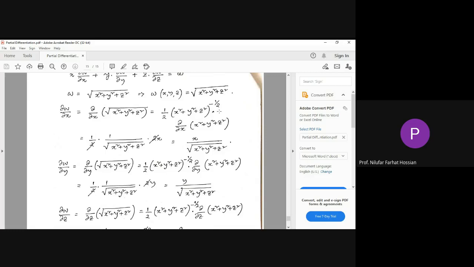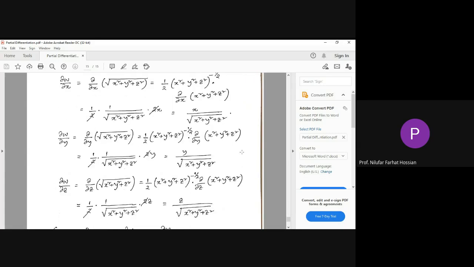So this should be multiplied by del x of this whole thing. There are three terms. Y square is a constant, z square is a constant. When you perform the partial differentiation with respect to x, these terms will give you 0, and the first term will give you just 2x. So half into, the power minus half means 1 over root over this. So 2x, and the 2 cancels out, so it is x by root over this.